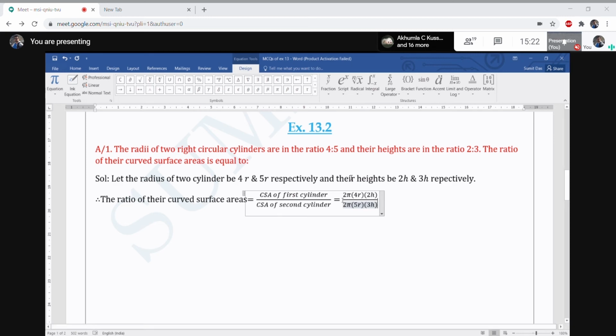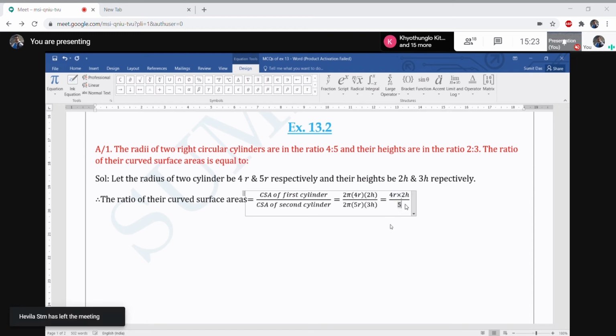Okay, now you can see 2 pi and 2 pi will cancel. So what will remain in the numerator? The numerator will be 4r multiplied by 2h, divided by 5r multiplied by 3h.